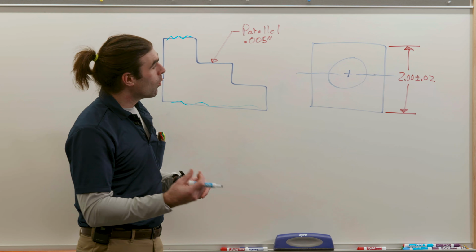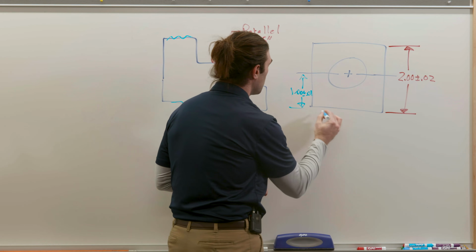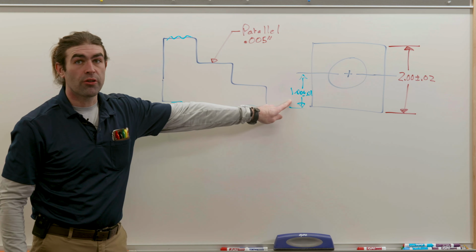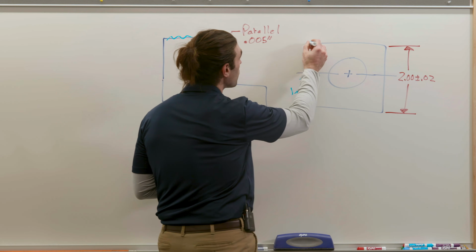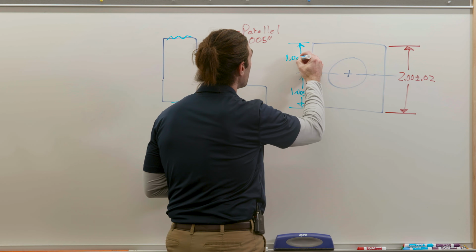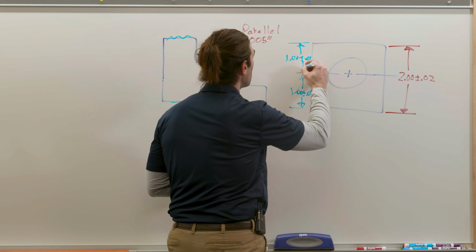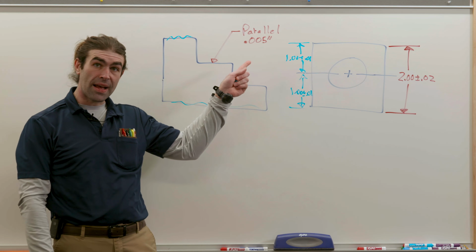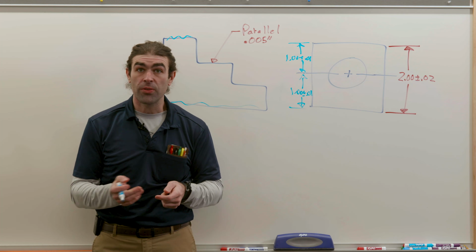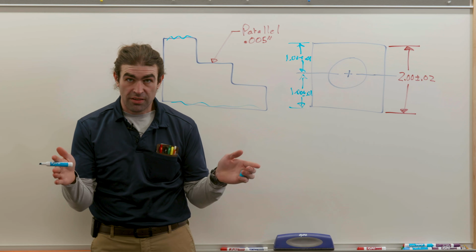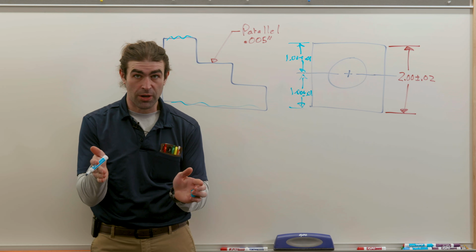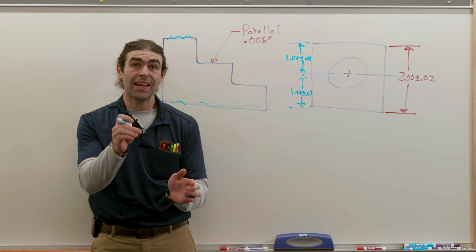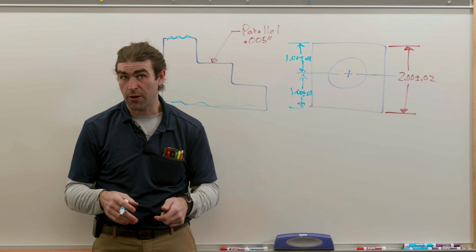But one person could say, let's measure from this surface, make it 1 inch plus or minus 10 thousandths. Another person might say 1 inch plus or minus 10 thousandths from that surface. Another person might say, why don't we take the block and put it in a vise and then find the center, simulate that center line, and get the location from there.